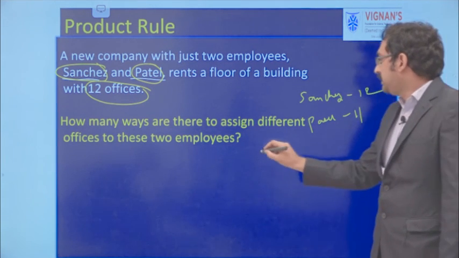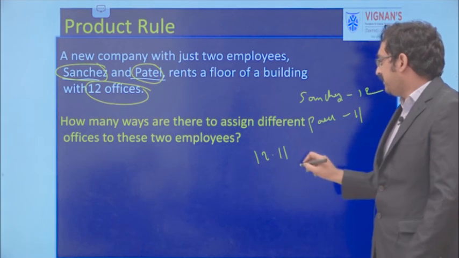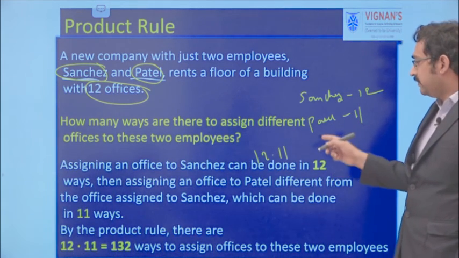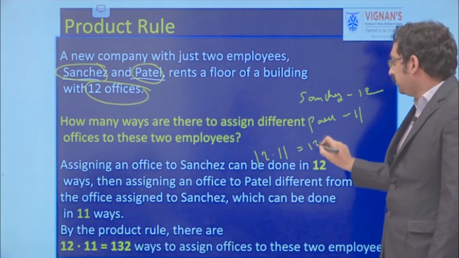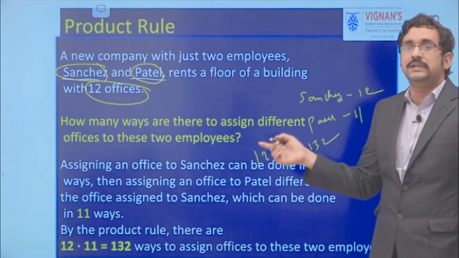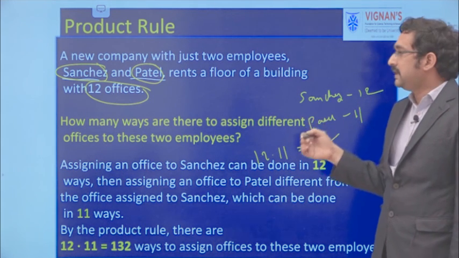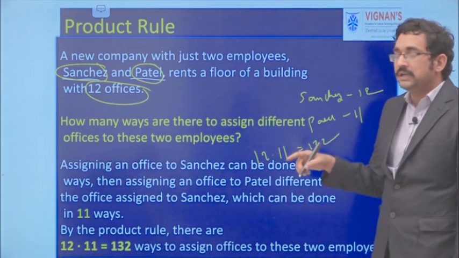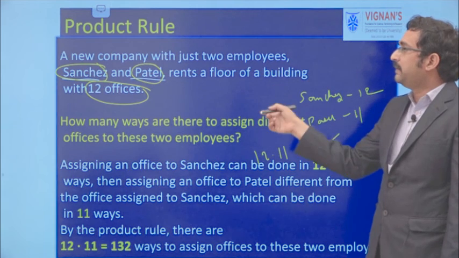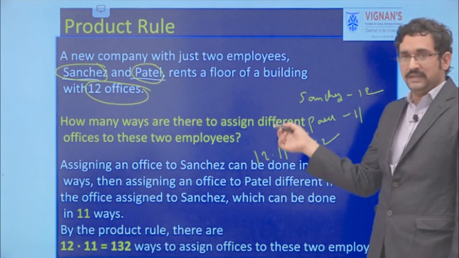So there will be a total of 12 into 11, which equals 132. So in 132 ways we can assign the 12 offices differently to both employees, Sanchez and Patel.